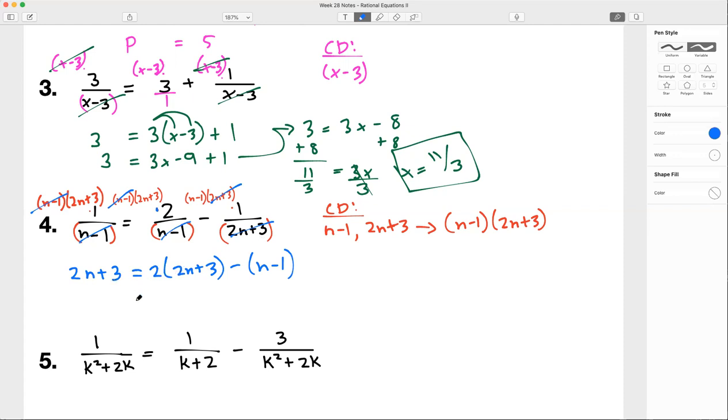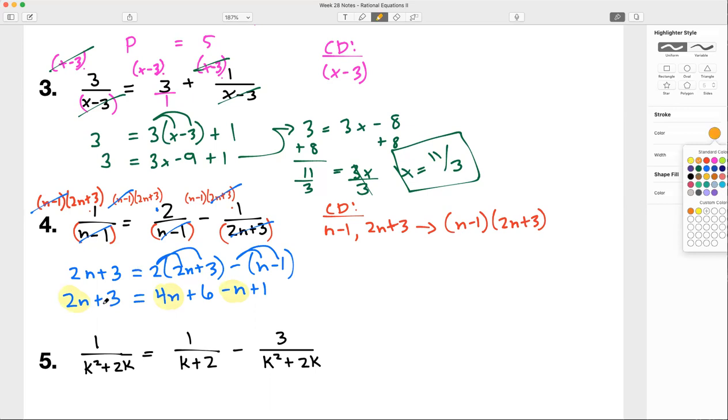Okay, so now right here we've got 2 times 2n, that's 4n. We've got 2 times 3, that's 6. We've got negative n plus 1. 2n plus 3 comes down. Let's combine like terms. What are our like terms, guys? We got 2n, we got 4n, and we got negative n. Anything else? Nope.